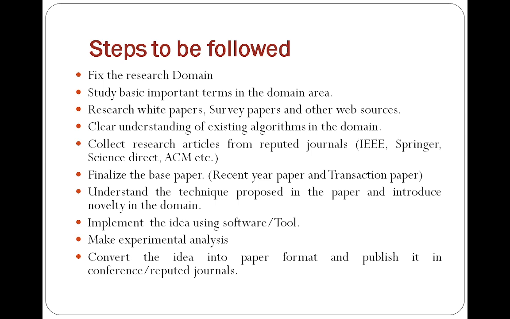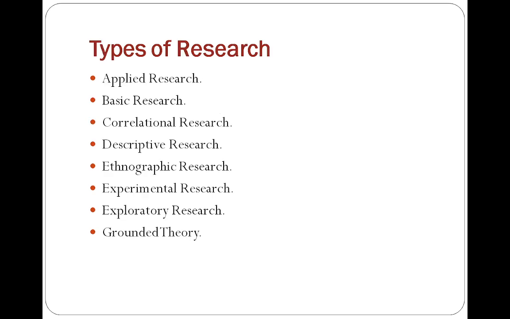At the end of this process, we have to convert our research findings into the respective paper publication format. It may be a presentation at a well-reputed institution, such as an IEEE conference, or a paper publication in a reputed journal. These are the important steps to be followed from the beginning to the end of your research.